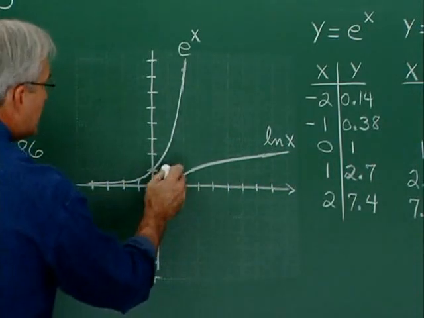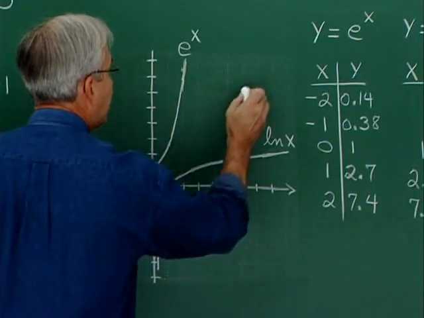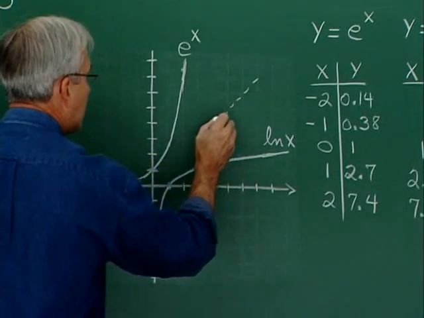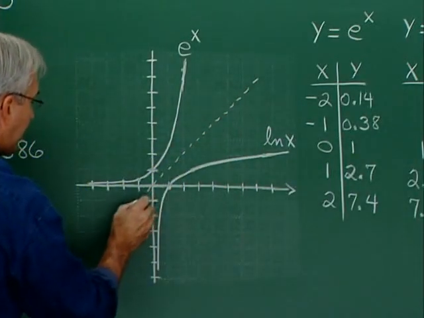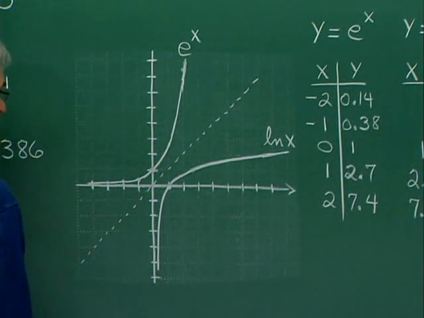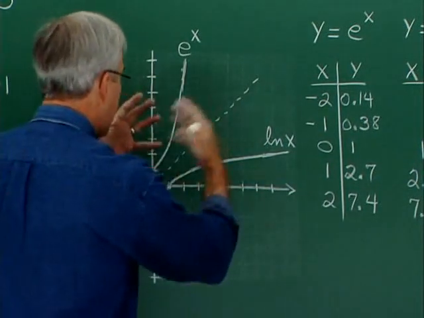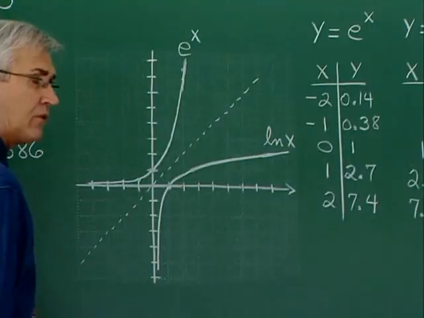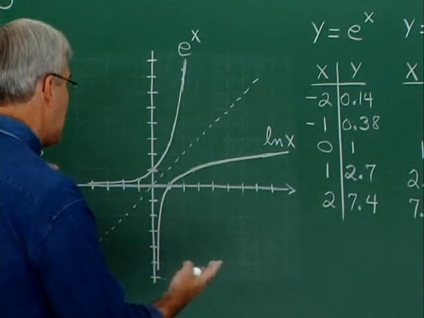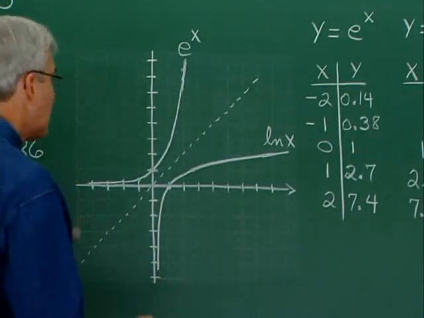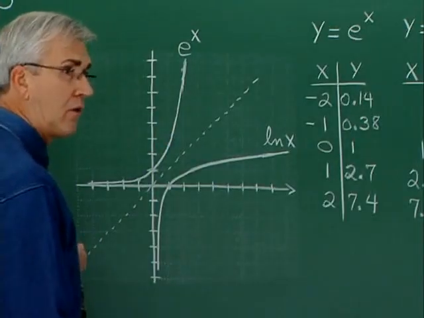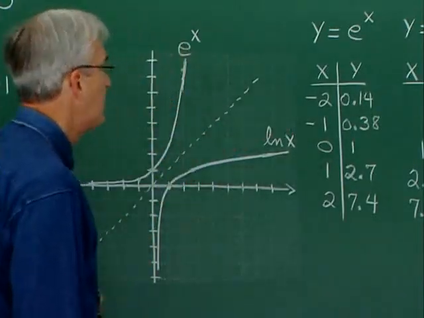These graphs reflect in the y equals x line. Let's take a look at the tables of values involved in these two and verify this idea of reflection and the nature of exponential graphs and logarithmic graphs.